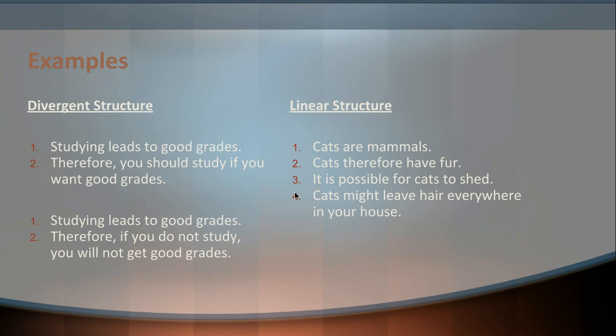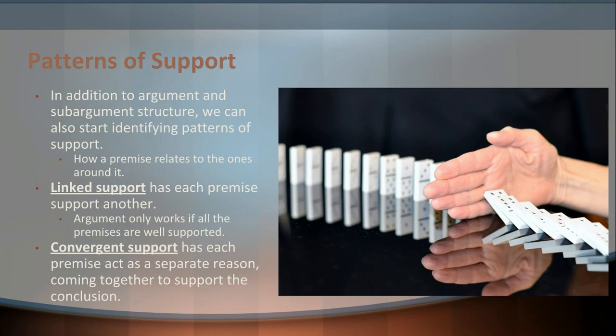Lines 2, 3, and 4 all rely on the idea that cats are mammals. Because if it's false that cats are mammals, well, then we don't have nearly as much support for the idea that cats have fur. And it might not also be possible for cats to shed. If they're a kind of chicken and they have very small hair-like feathers, well, then it's not really true that they can shed or that they can leave hair everywhere. Every line in that argument starts falling apart because one of them was shown to be false.